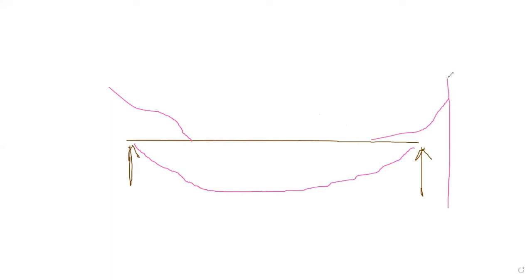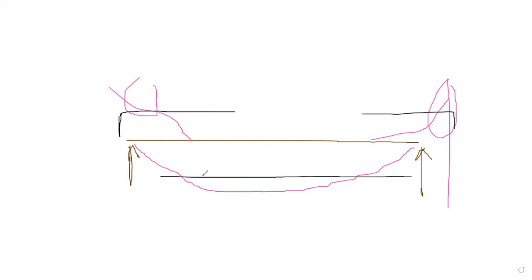So these moments are hogging, and this moment is sagging, right? So how do we deal with this part? We need to have more steel here, more steel there, and then the bulk of some steel here and some here.